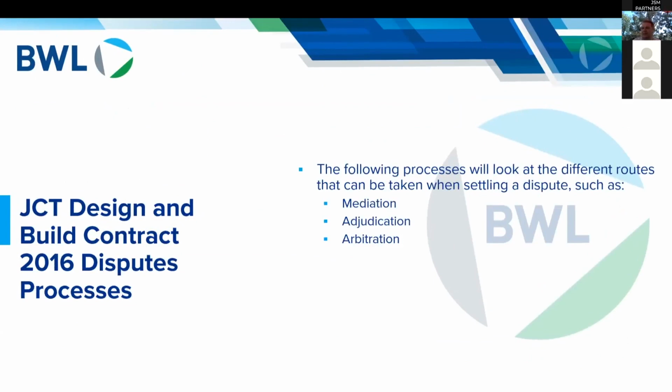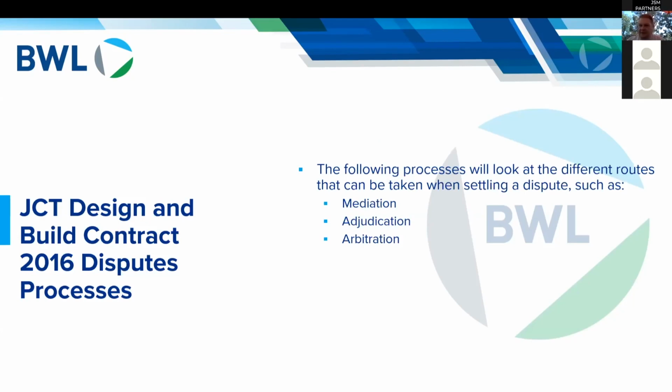Okay, so into what happens when it goes wrong, and obviously construction is an industry where disputes are very, very frequent. So within the JCT contract, we have, I guess, 4 processes. The first process is mediation.